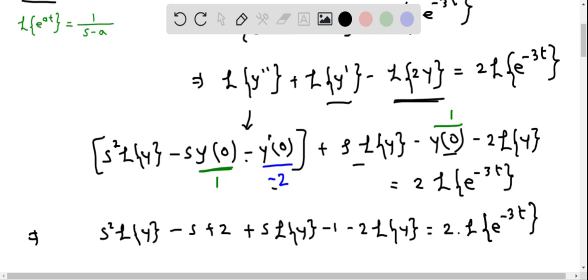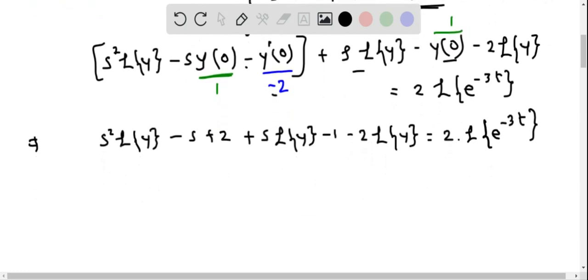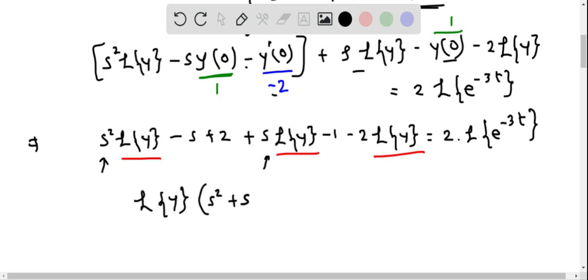Now we will factor the Laplace transform of y's and also simplify the other terms. So we have a Laplace transform of y over here as well as here as well as here. So when we factor this Laplace transform of y, we'll be left with here we have s squared and here we have plus s and here we have negative 2.